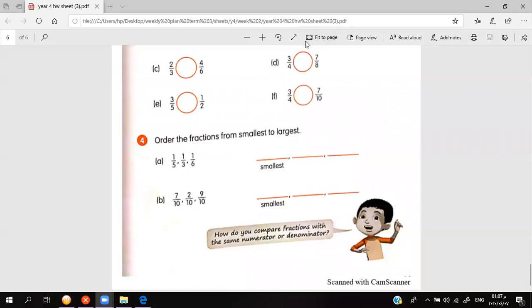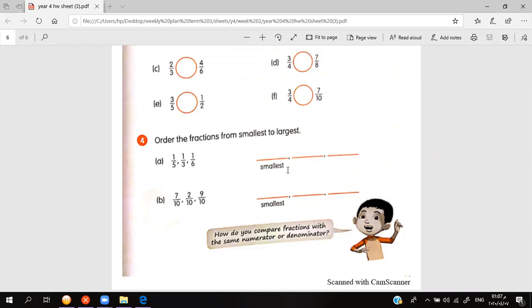And the last one here, 1 from 5 or 1 from 3 or 1 from 6. From the smallest. If I have a pizza and I cut it into 3, surely the part will be bigger than if I cut it into 5 or I cut it into 6. So the more cuts I make, the smaller my portion will be.